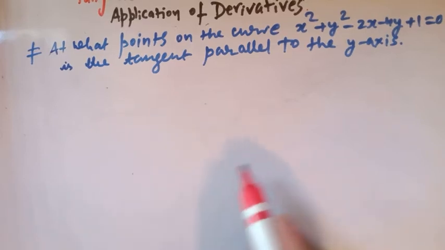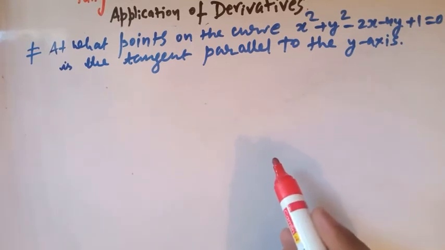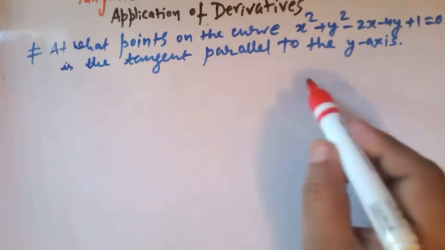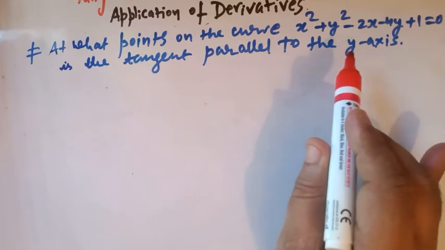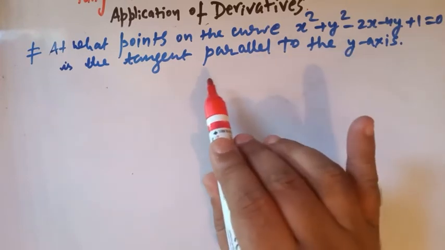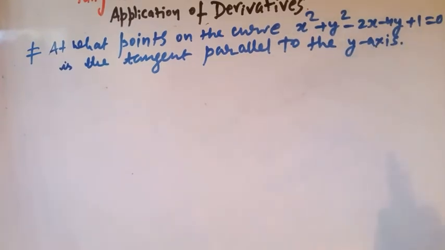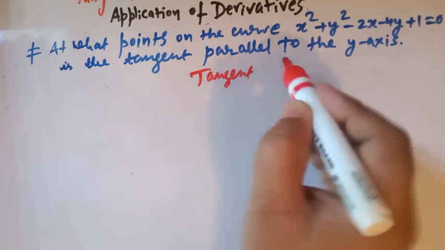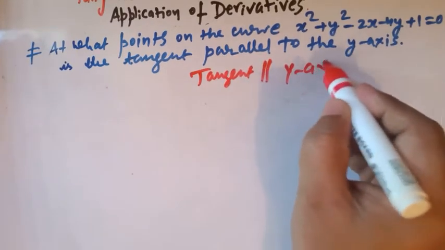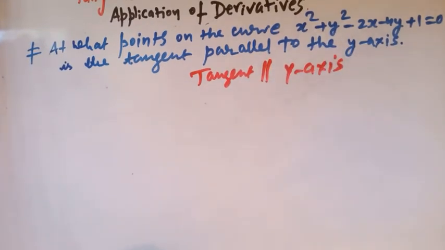Viewers, in the previous example we have seen that the tangent was parallel to x-axis, and the slope of the tangent was taken to be 0. But here the tangent is parallel to y-axis. Clear?